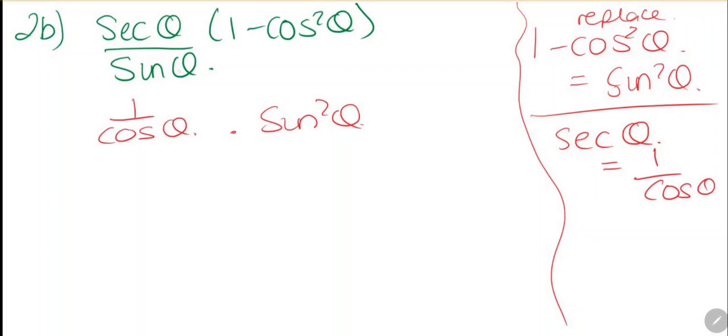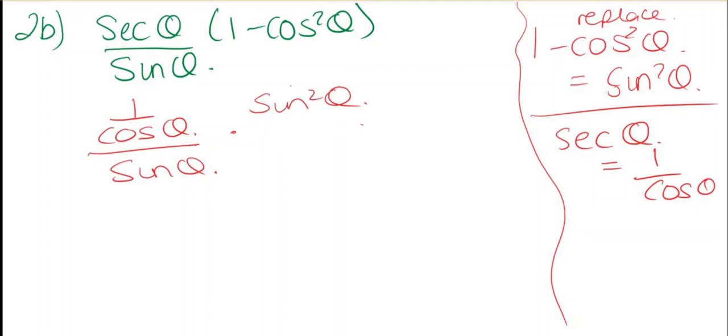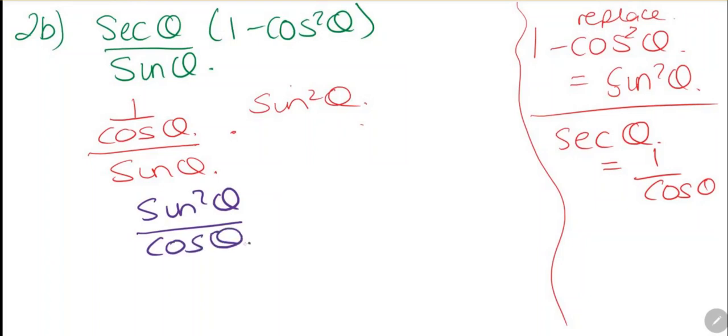And then I have divided by sine theta. So we'll keep that the same. So just going to rewrite this a second. So on the top we have 1 times sine squared theta. So we have sine squared theta divided by cosine theta. And that's divided by sine.